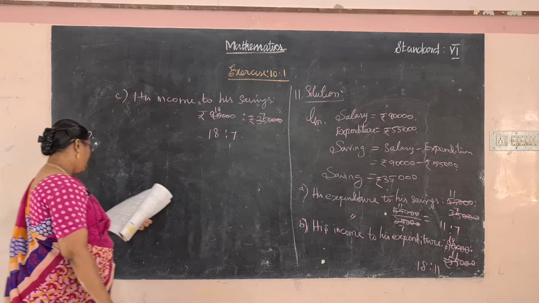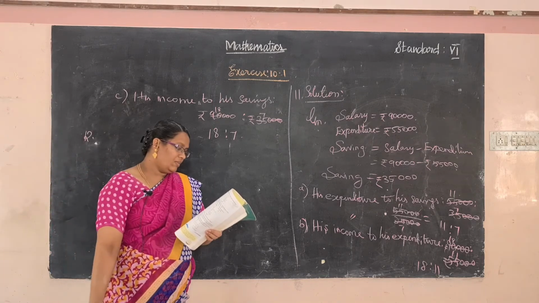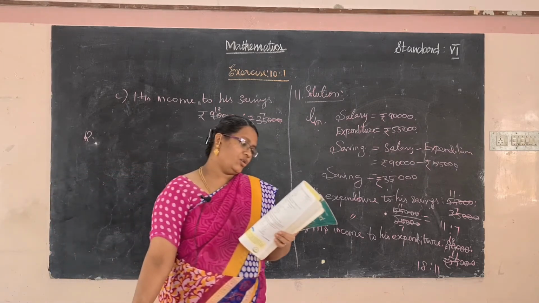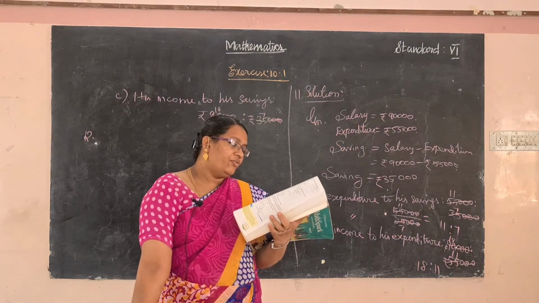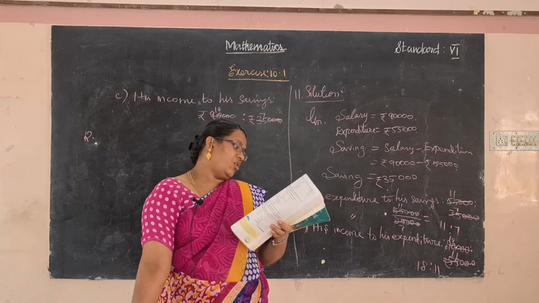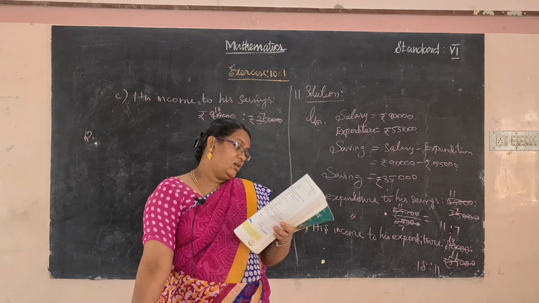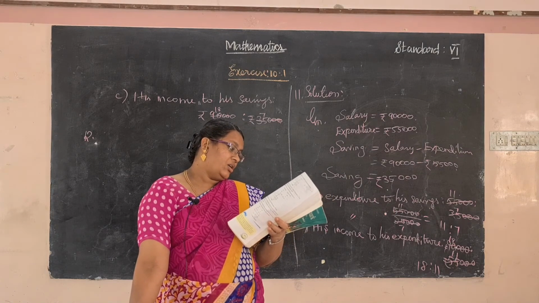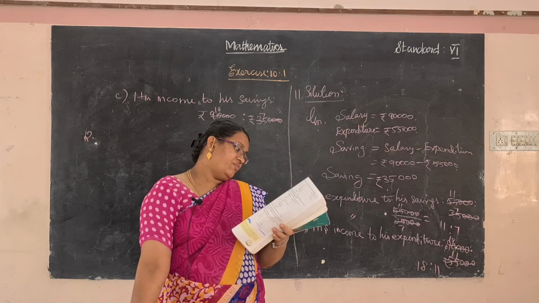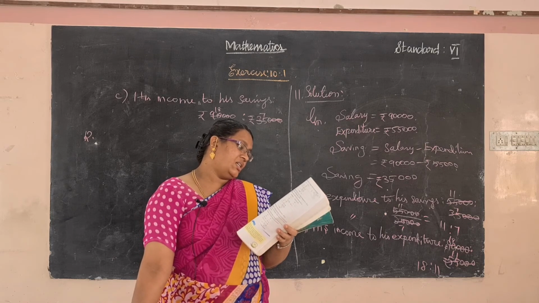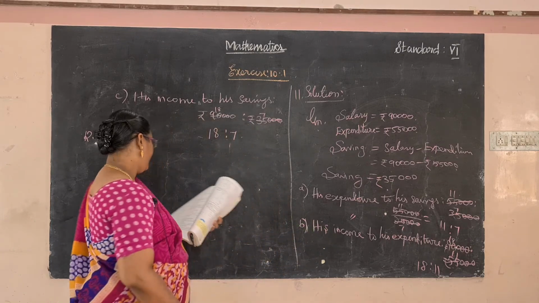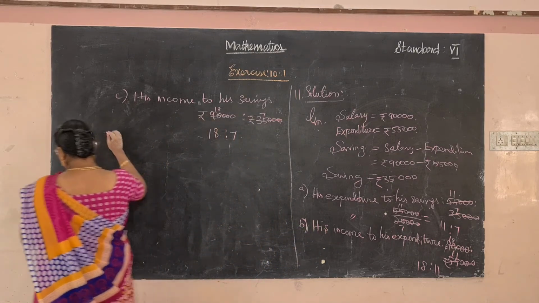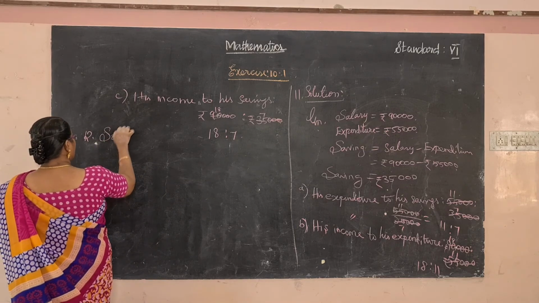The number of cards collected by Reena, Meena and Tina are in the ratio 1:3:5 respectively. If Reena has a collection of 45 cards, find the number of cards that Meena and Tina have collected. First we have to calculate the one person value.